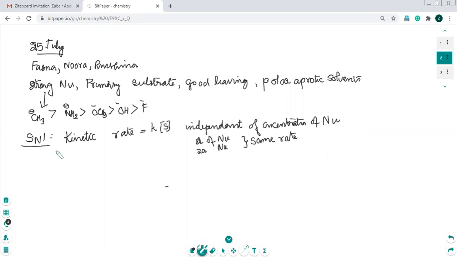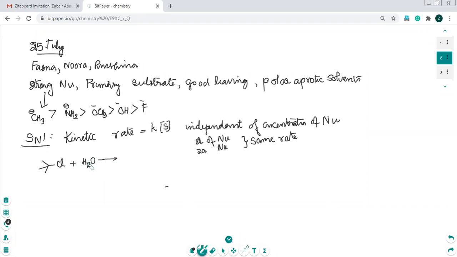Now the SN1 reaction. An example we can take. Look at this one. It's a tertiary alkyl halide. You react this with water. Water is a nucleophile. It's also acting as a solvent for the reaction.